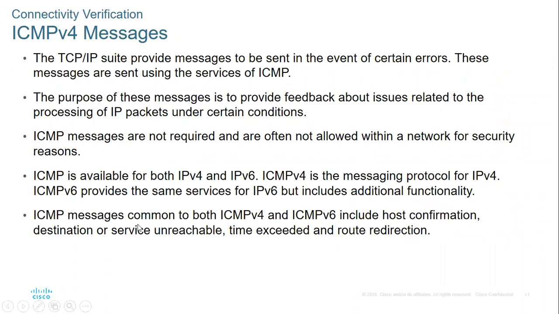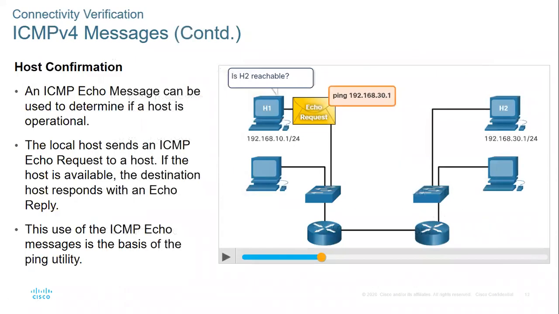You can see that the ICMP messages are used for host confirmation, destination or service unreachable, time exceeded, or maybe there is a route redirection. So this is the first use.